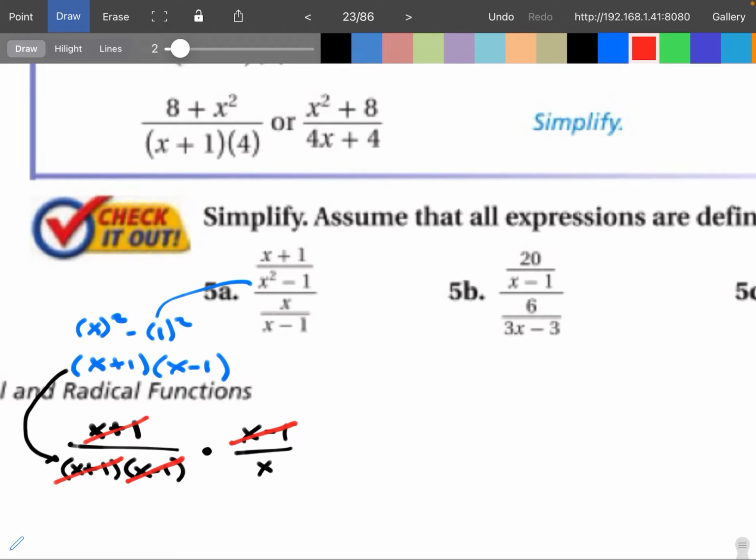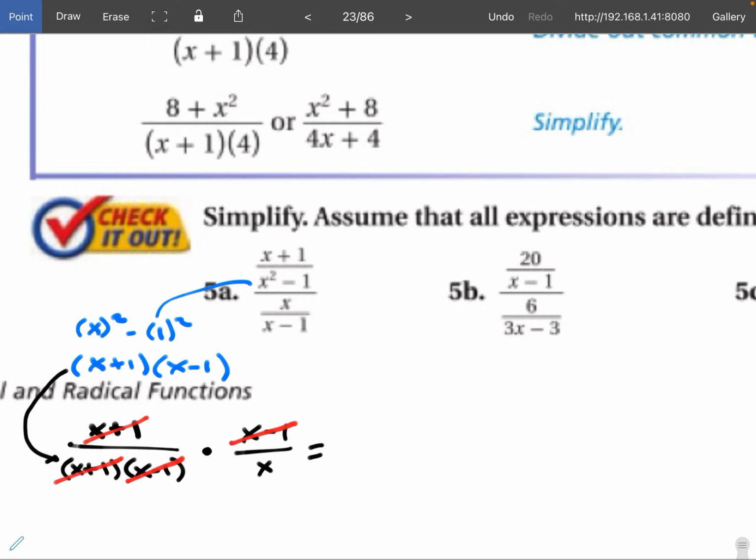So now you're going to multiply your fractions. You're going to multiply straight across the numerator and straight across the denominator. Well, what's left in the numerator? What if everything cancels out? What do you end up with? 1 over x. Yeah, in the numerator here, remember, if it cancels out, it's a 1.